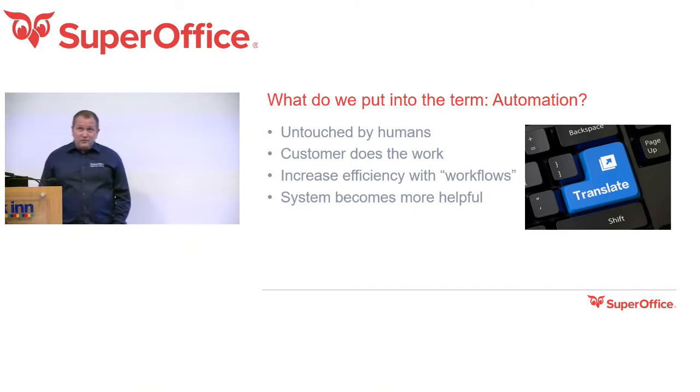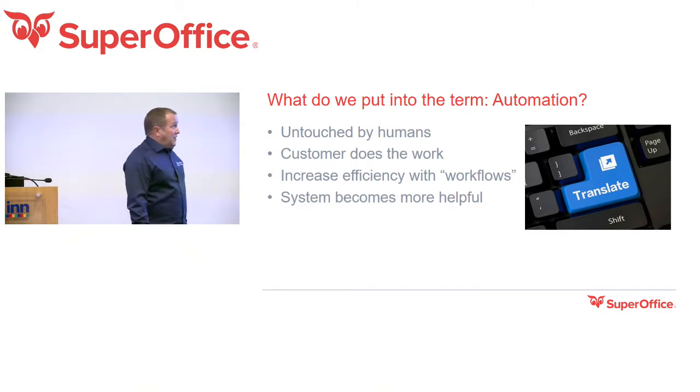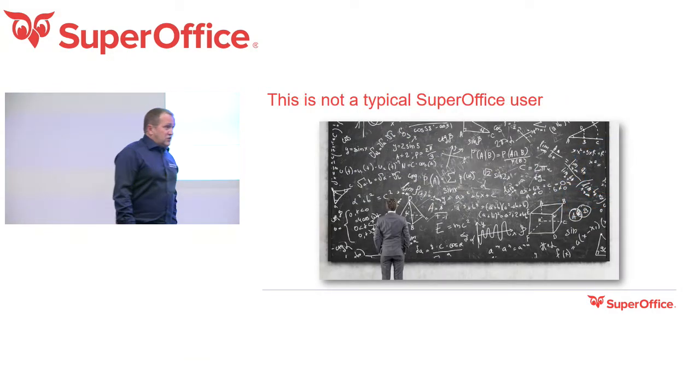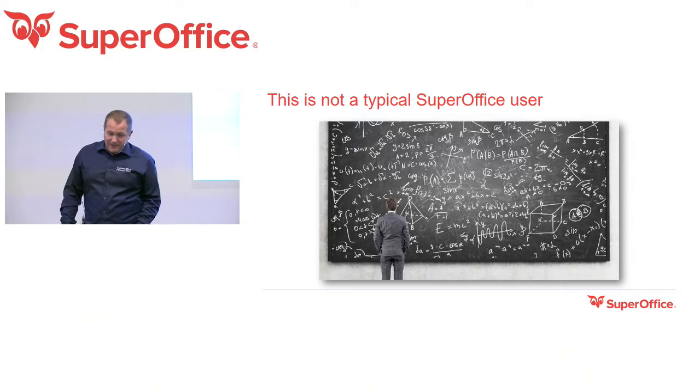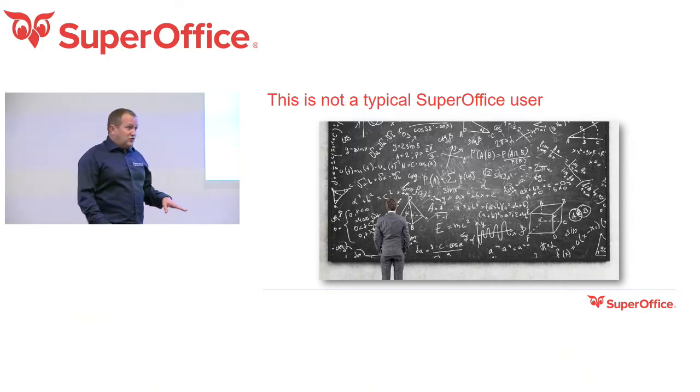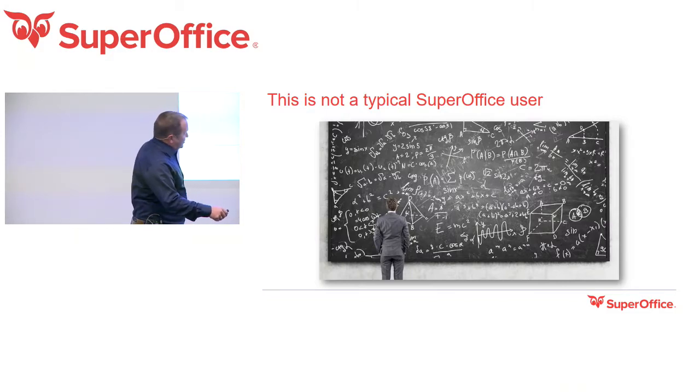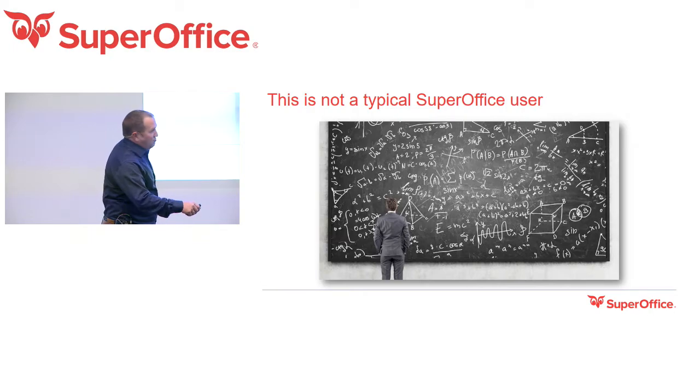And we have to keep in mind that the normal SuperOffice user is not a rocket scientist. It's not to talk them down, it's not their job. Jan is saying, oh, Erik, you have to know this at least, but this has to do with combined selection.